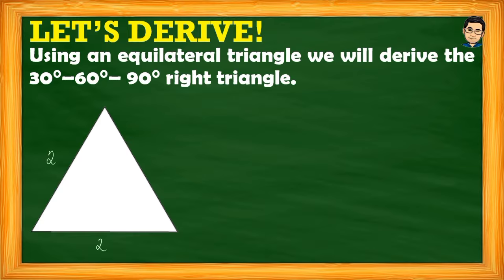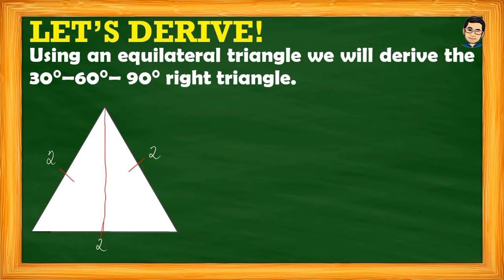Una muna natin gagawin, ilalagay natin yung sukat ng sides ng equilateral triangle natin. So, meron yung markings na nilalagay para ma-denote na equilateral. Okay, so ibig sabihin, meron siyang tatlong marks, ibig sabihin pare-pareho ang sukat. So, next, magdodraw tayo ng perpendicular bisector from the tip of the triangle, yung vertex angle niya sa taas, hatiin natin pababa.